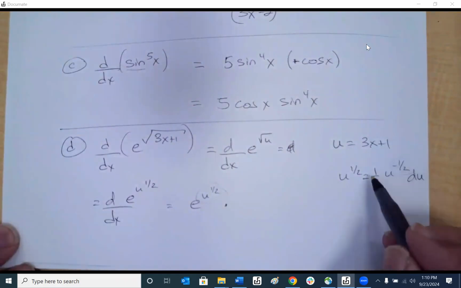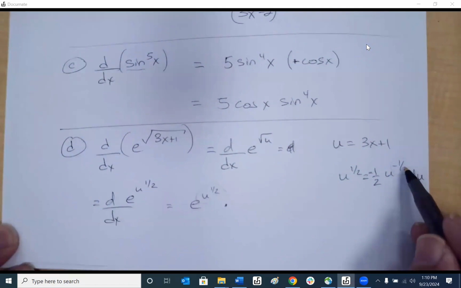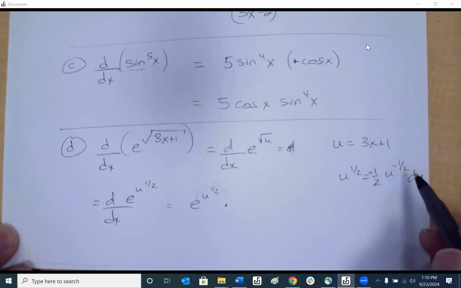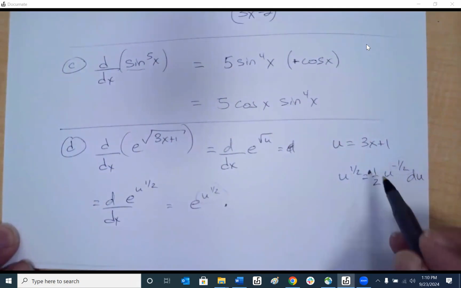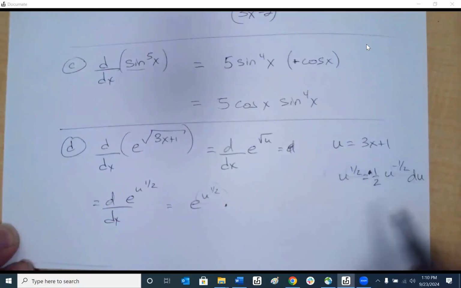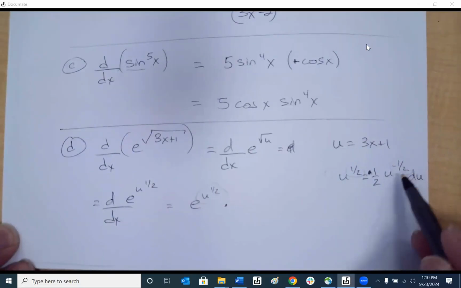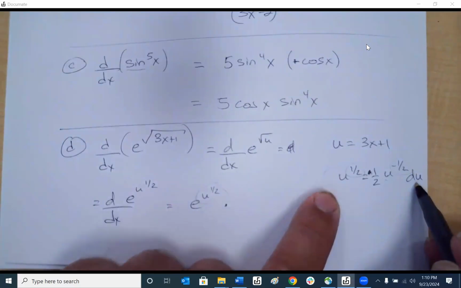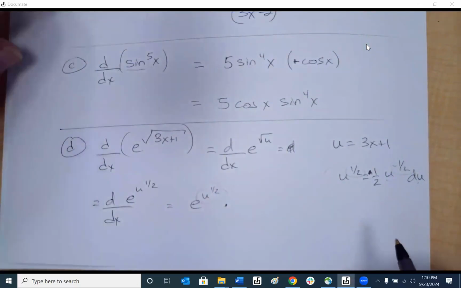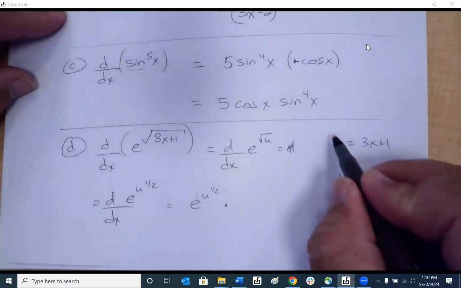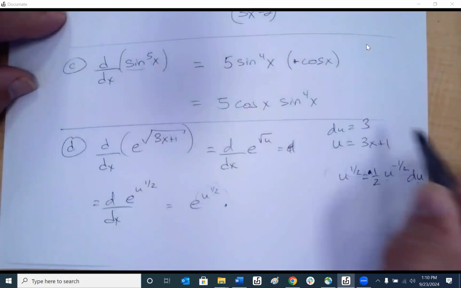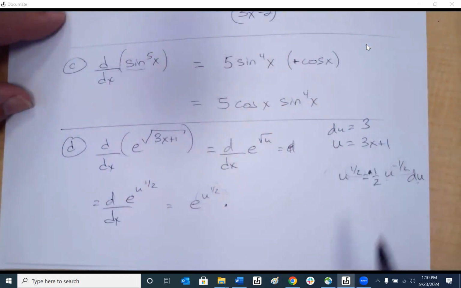I brought the power down, negative 1/2. No, so positive. It was positive. I brought it down, subtracted 1, and then took the derivative of the inside. So du is 3. That's u.